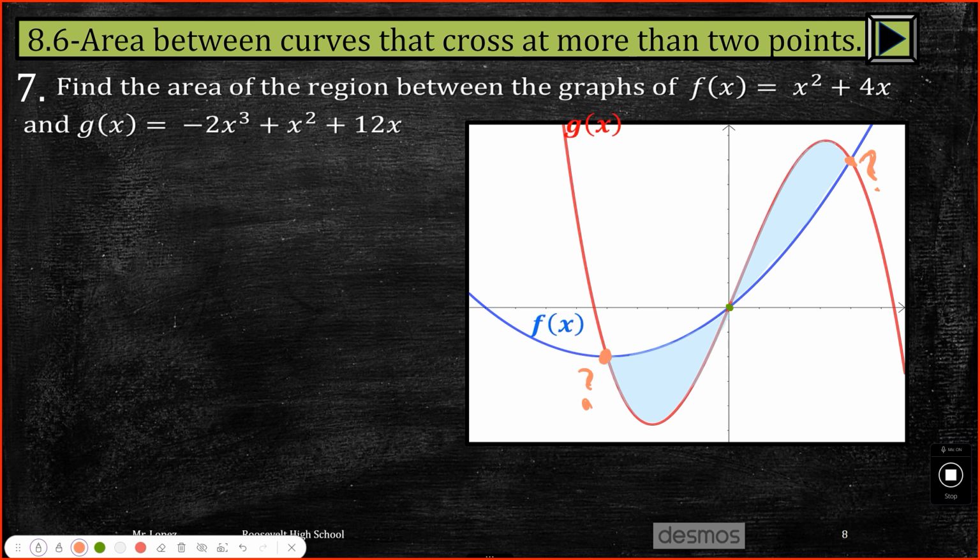Is that -2? That's not -2, -4, is it? It is? For the first one, yeah, I got it. So let's do that then. So area equals from -2 to 0.